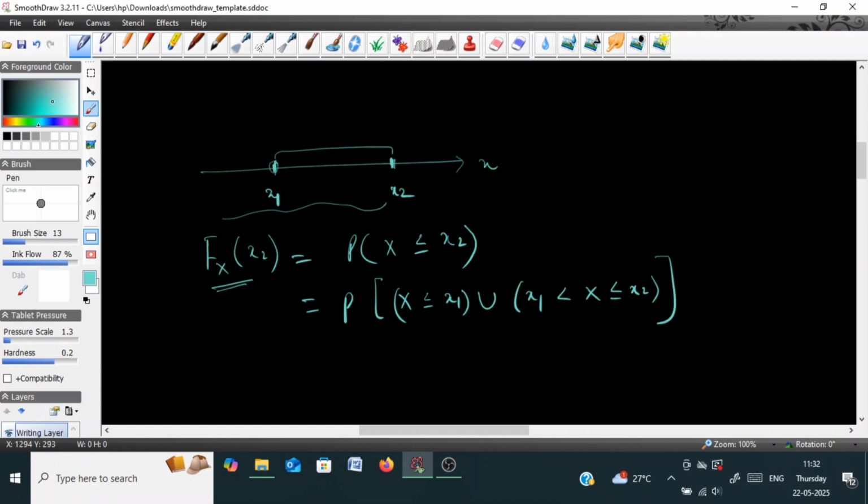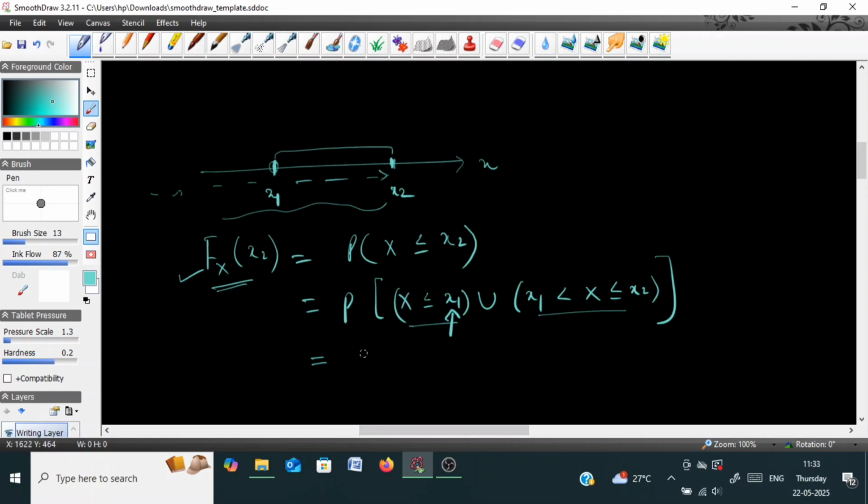So I am finding the probability of getting the random variable X from minus infinity up to x2. In between I have defined the intermediate point x1. First I take the probabilities from minus infinity to x1, including x1, and then those points greater than x1 but less than or equal to x2. Definitely these two are disjoint events, and if two events are disjoint, the probability of their union is equal to the sum of their probabilities.